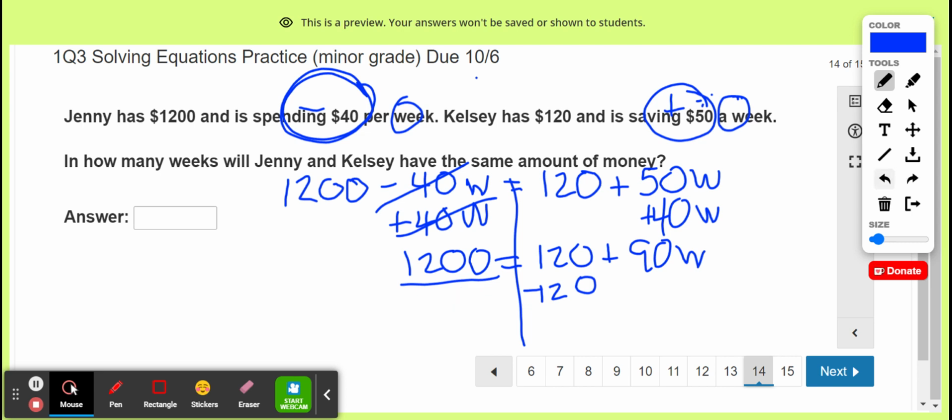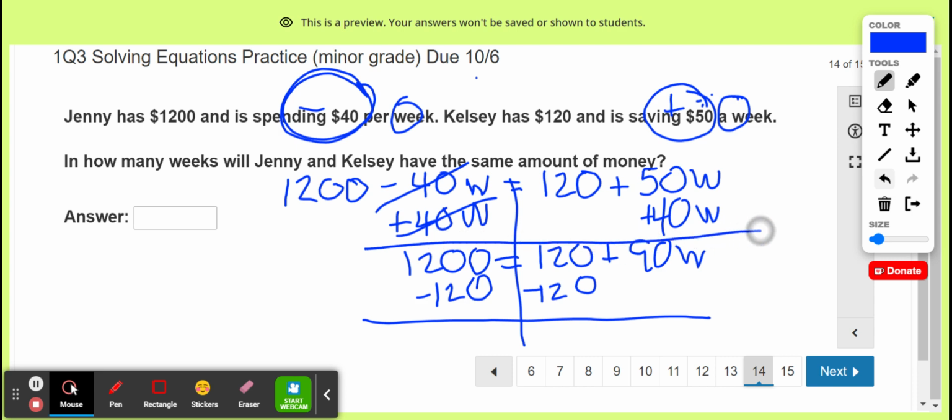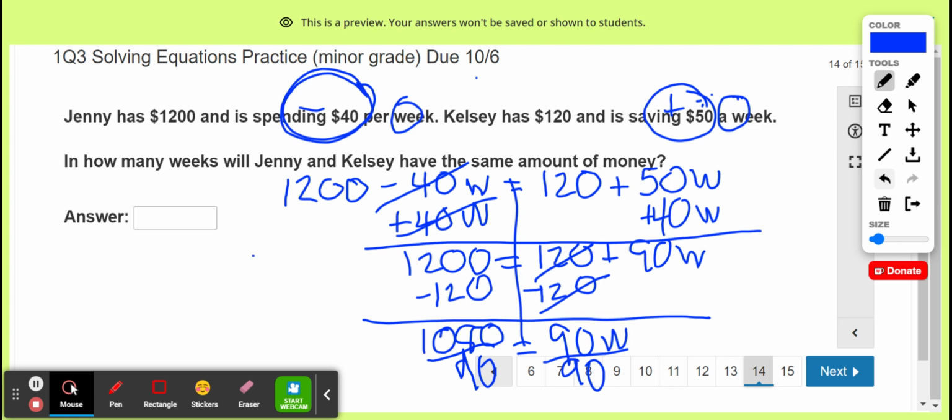Let's line up our numbers there. And we are left with 1,080 equal to 90. We're going to divide both sides by 90 to solve.